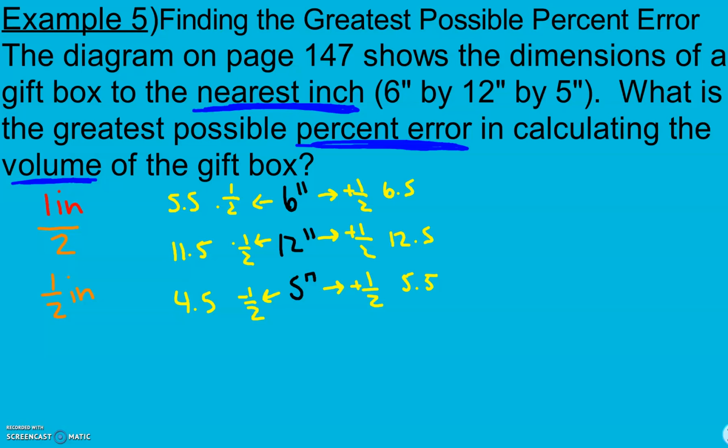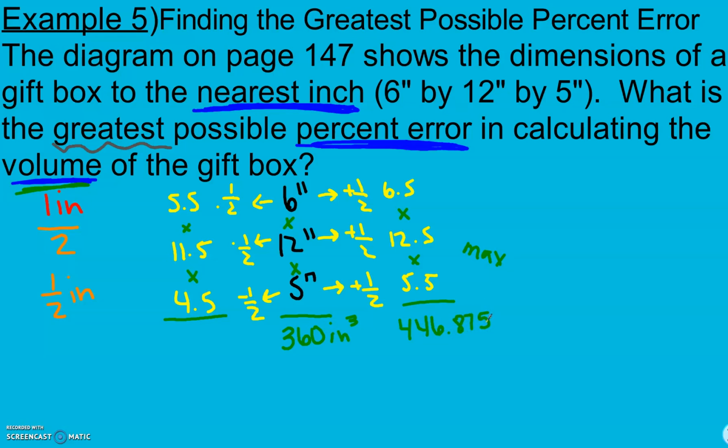Now, to find the volume, we take length times width times height, and we do that with our measured amounts here as well. My measured amount is 360 cubic inches. On the maximum, I'm going to get 446.875.